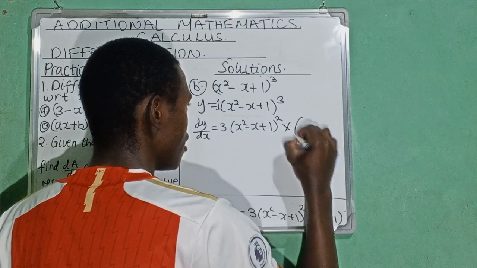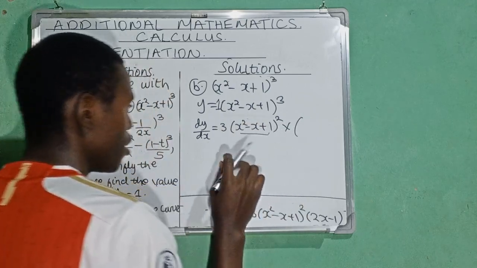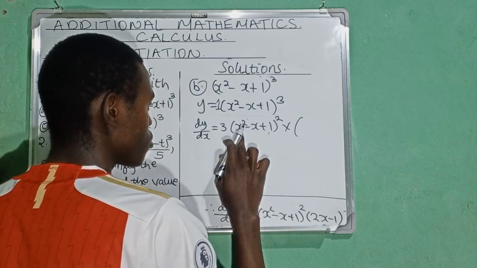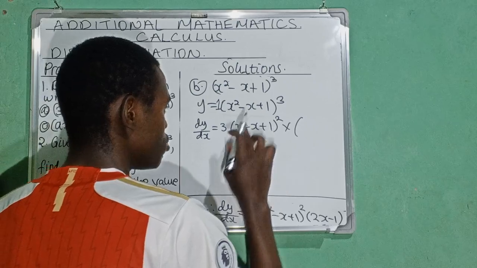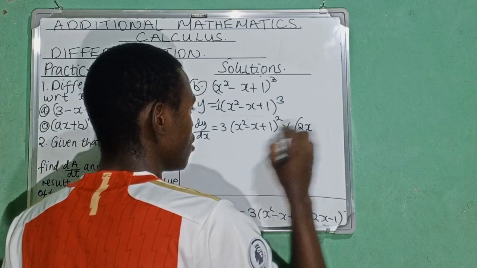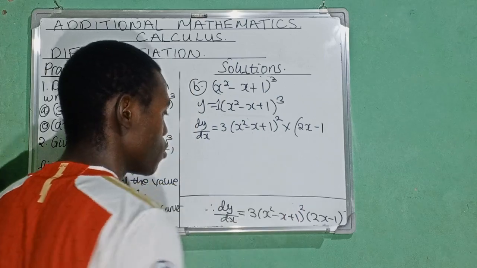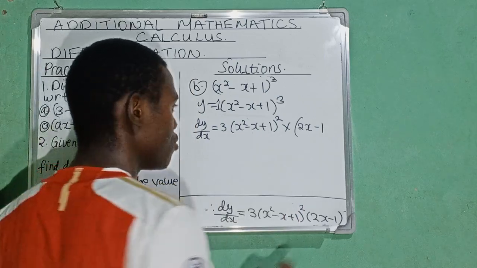Then you multiply by the derivative of this core. The core is whatever is inside the brackets. So you have your x squared minus x plus 1. The derivative of x squared is going to be 2x. The derivative of minus x is going to be minus 1. The derivative of positive 1 is just going to be 0.